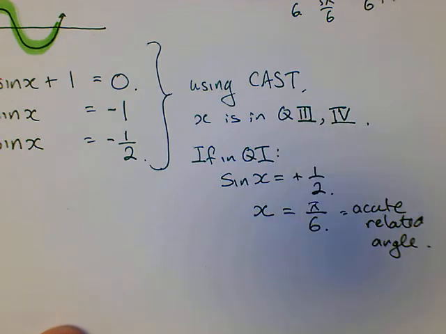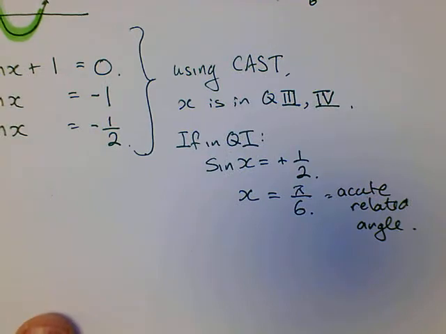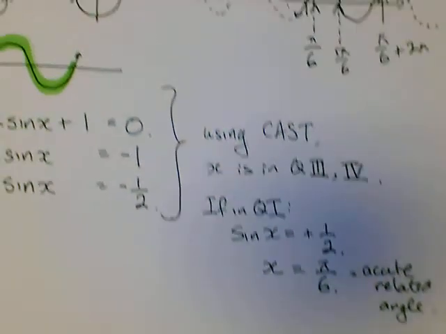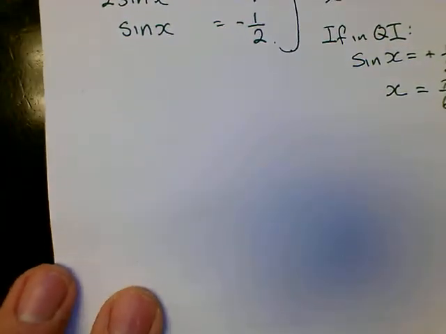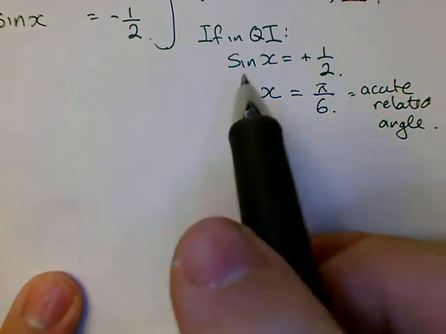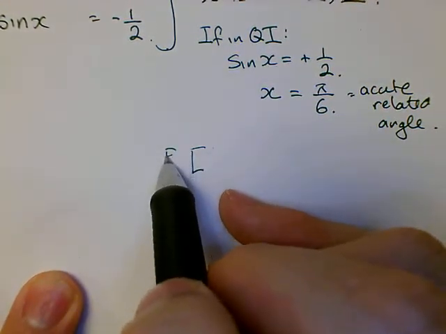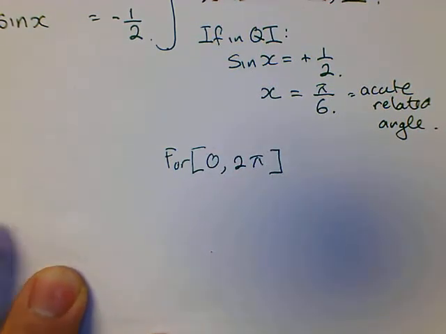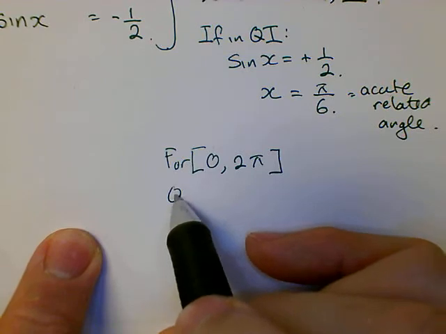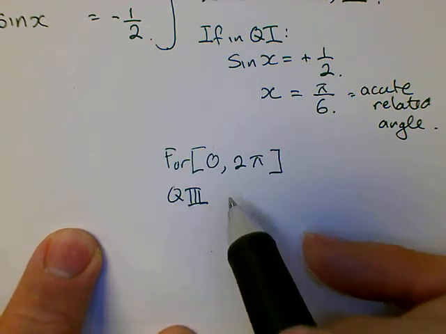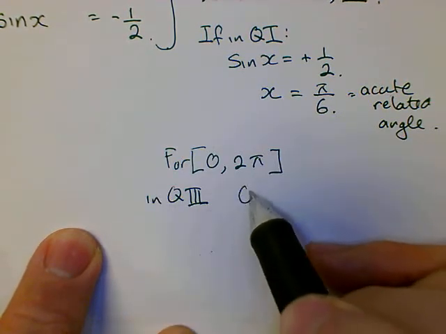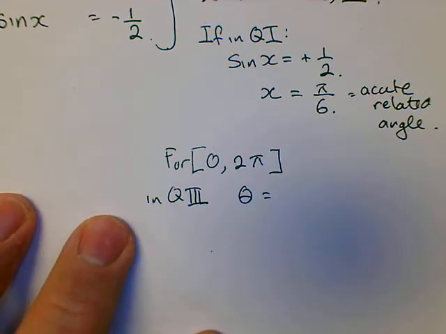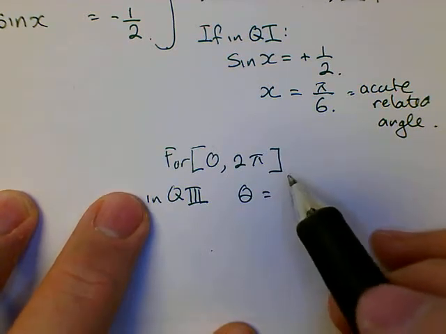What would the angle be for quadrant 3? What would the angle be for quadrant 4? And there's your answer. So let's do this. For 0 to 2 pi, in other words, a regular circle, in quadrant 3 my overall angle would be, there it is.